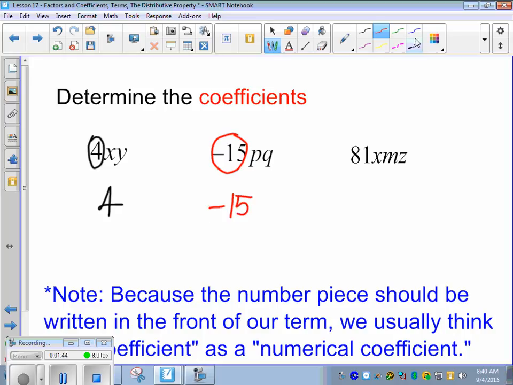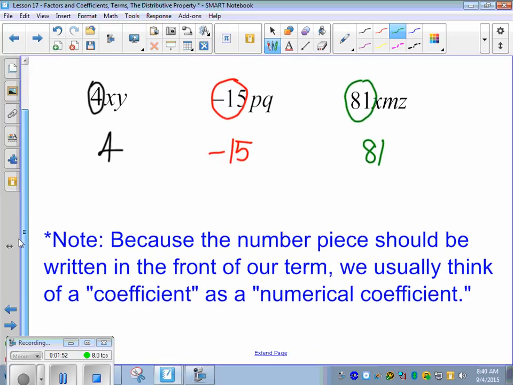And finally, we have 81xmz. 81, nice. All right, you guys don't have to write this little note I put for you on the bottom, but I wanted you guys to know, because the number piece should always be written in the front of our term, so when we have terms like this, we should always put the number first. We usually think of a coefficient as a numerical coefficient.